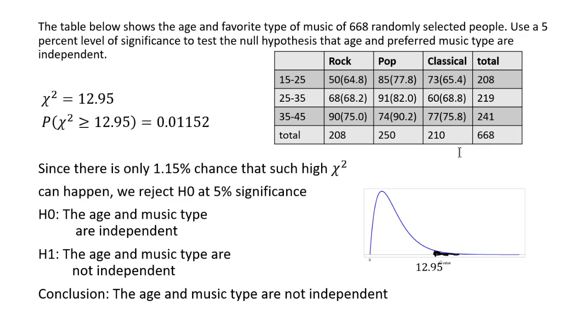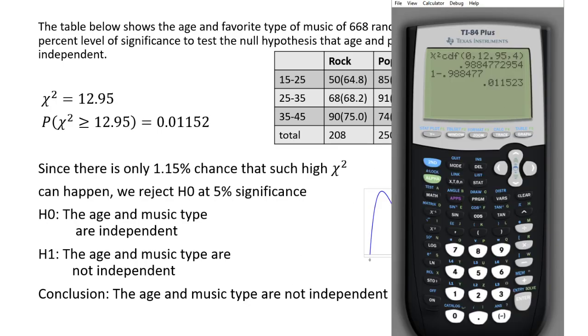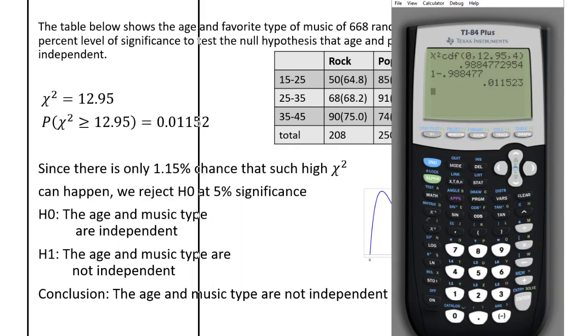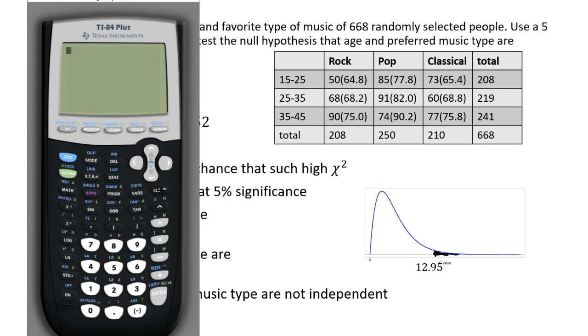All right, let me add a few more remarks. One remark is that you can actually do all this in your calculator, although it's a little bit more involved. So let me show you how that's done. So what you can do is first go to second and the matrix, and you go to edit and enter, and you put a 3x3 matrix, and you can actually put all the numbers here.